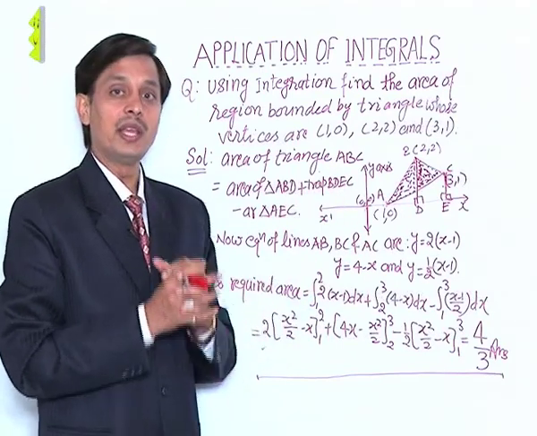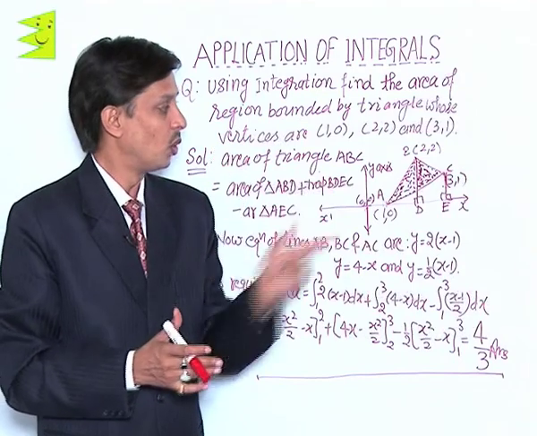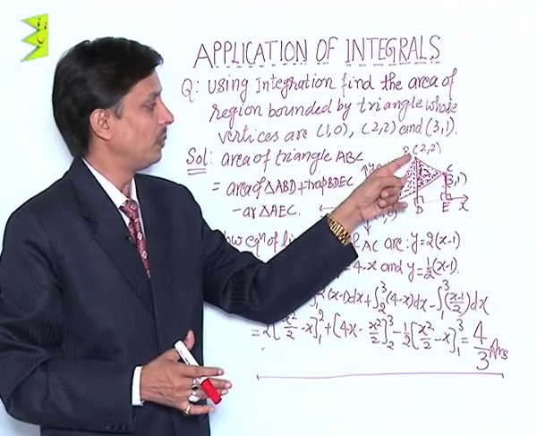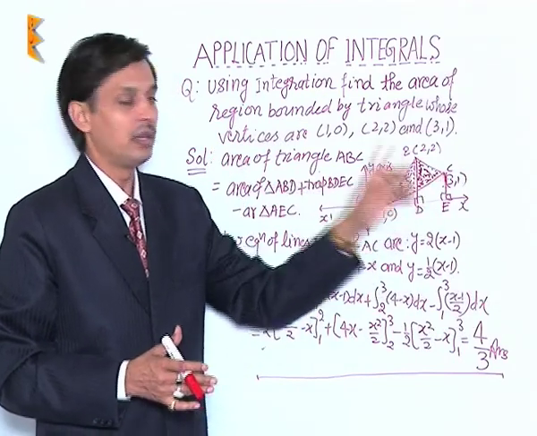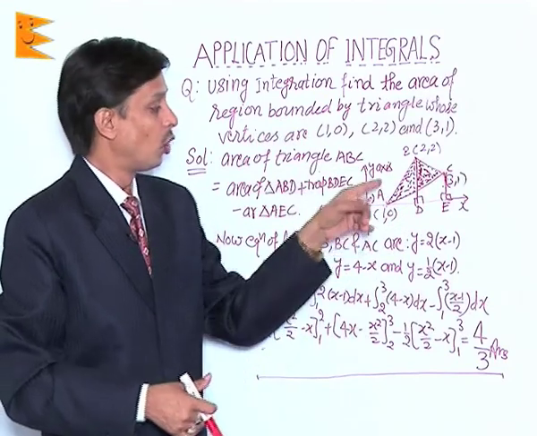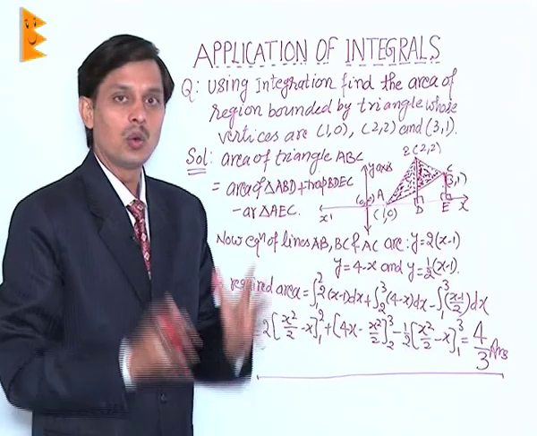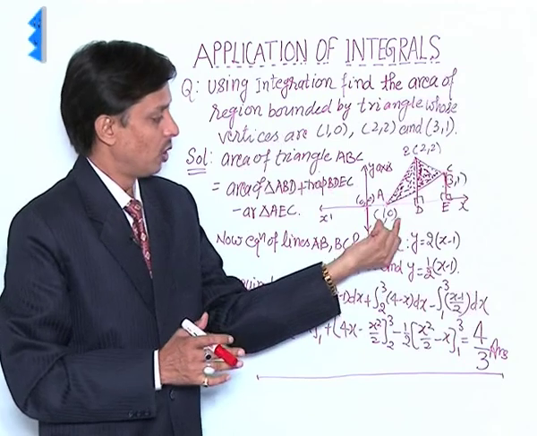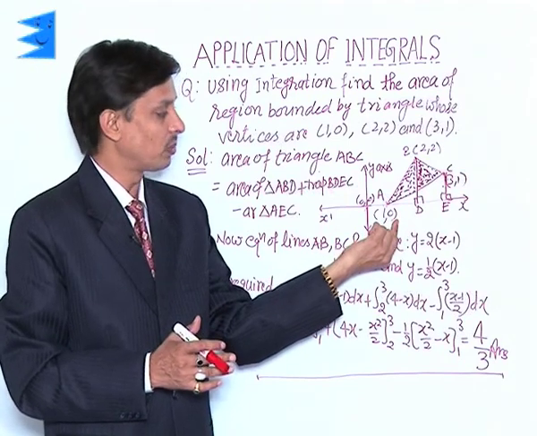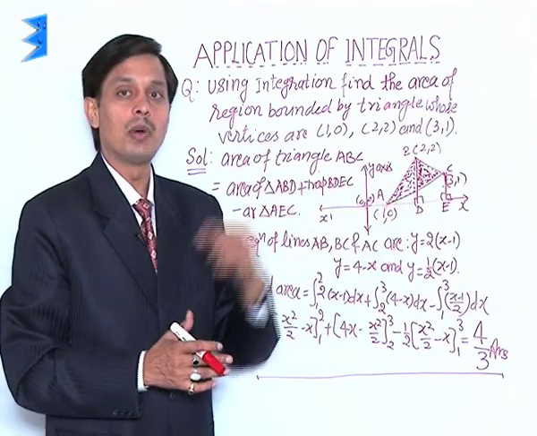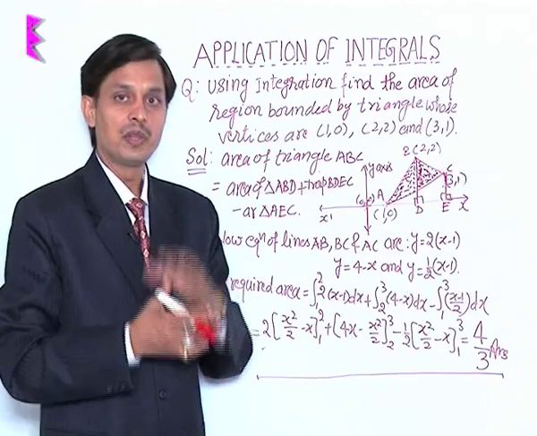Before we calculate area, we must know the equations of AB, BC and AC. To obtain the equation of AB, we will apply the two-point form. 1, 0 are the coordinates of one end point and 2, 2 are the coordinates of the other end point.